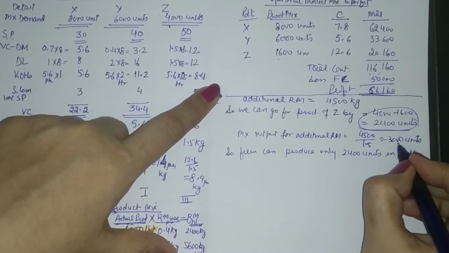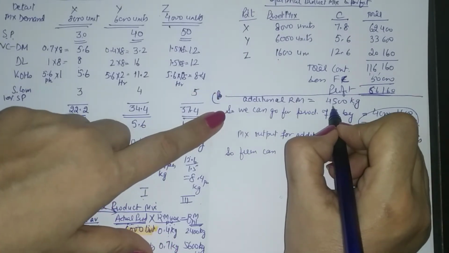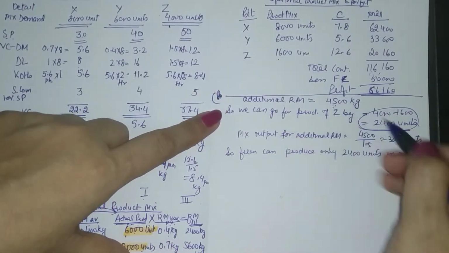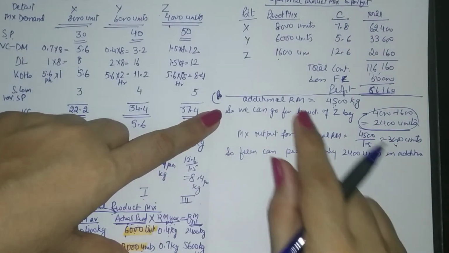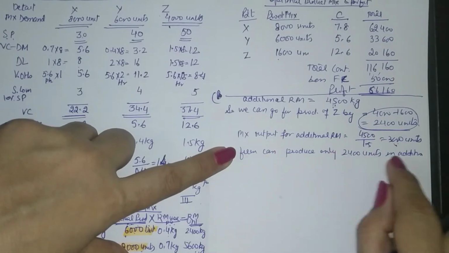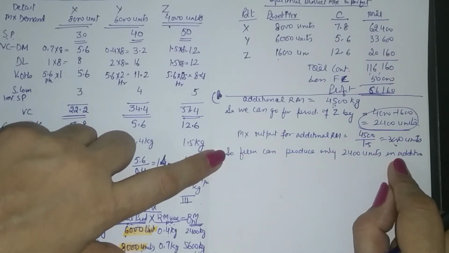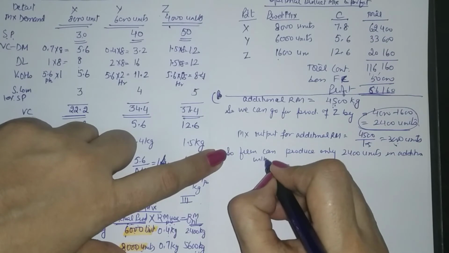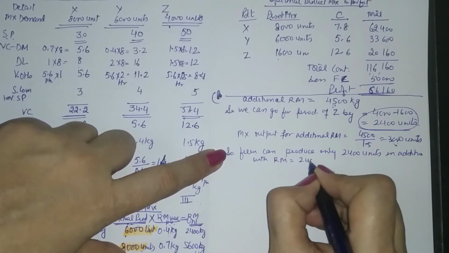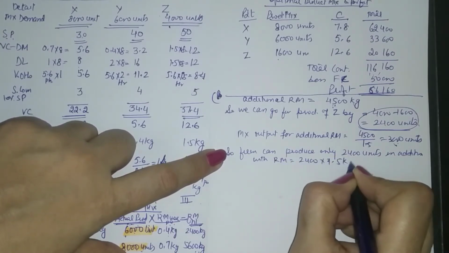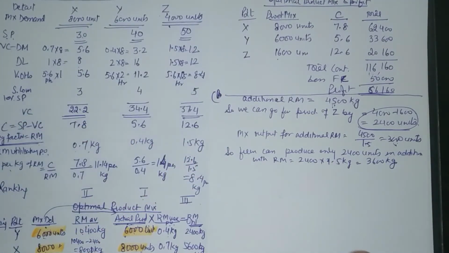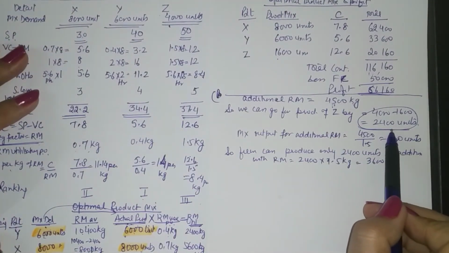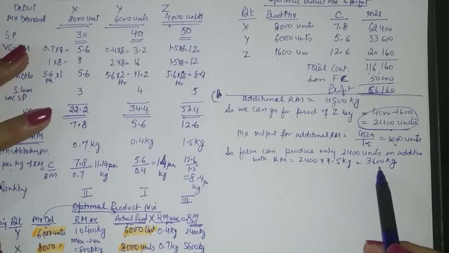You cannot go with 3,000. You won't buy 4,500 kilogram of raw material, because with this you can produce 3,000 units which you won't be able to absorb in the market. You can absorb only 2,400 units, so you will produce only 2,400 units in addition with raw material of 2,400 into 1.5 kilogram per unit, that is 3,600 kilograms.